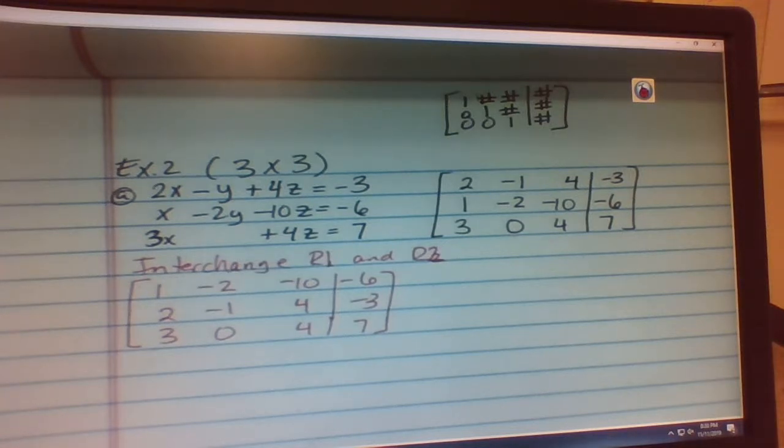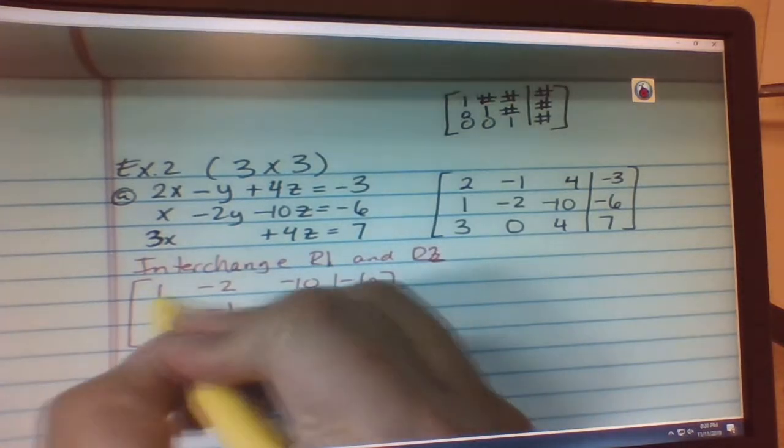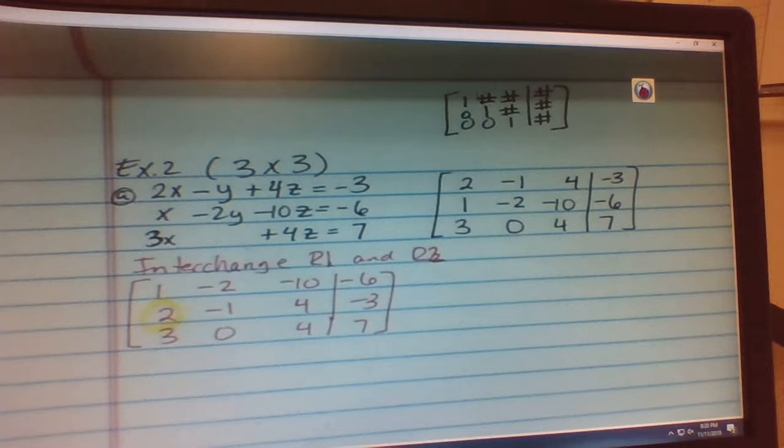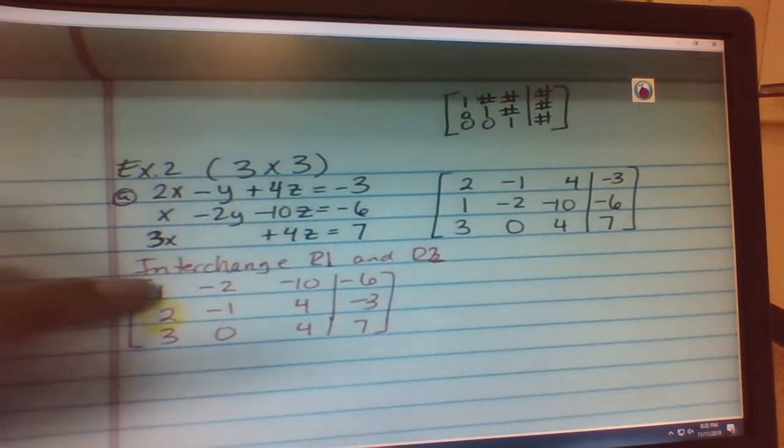So, what do we do next? We have to make this a 0. So we multiply, what row are we going to multiply? The one with the 1 in it, which is row 1.